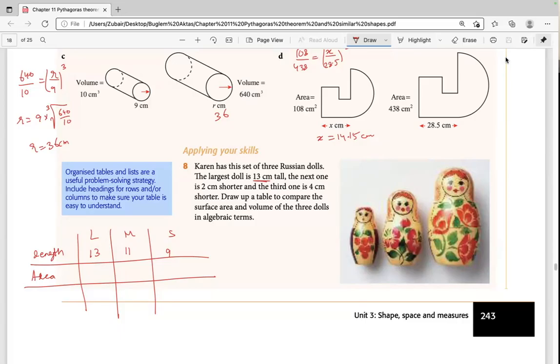You getting it? Area is square of length, and volume is cube of length. So it's going to be 13 times 13, squared basically, right? Yes.